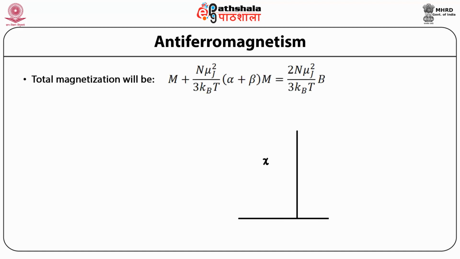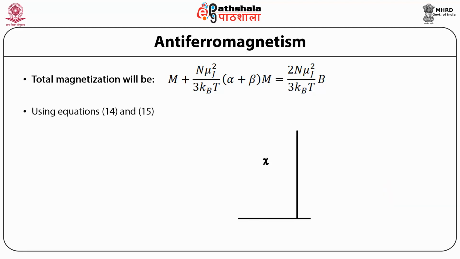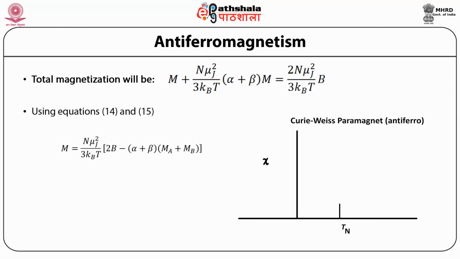The total magnetization M is given as M equal to N μ J squared over 3 k_B T into B_A plus B_B. Using equations 14 and 15, this M comes out to be N μ J squared over 3 k_B T into 2B minus alpha plus beta into M_A plus M_B.